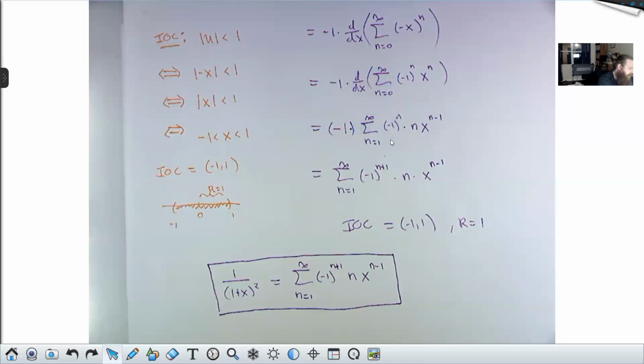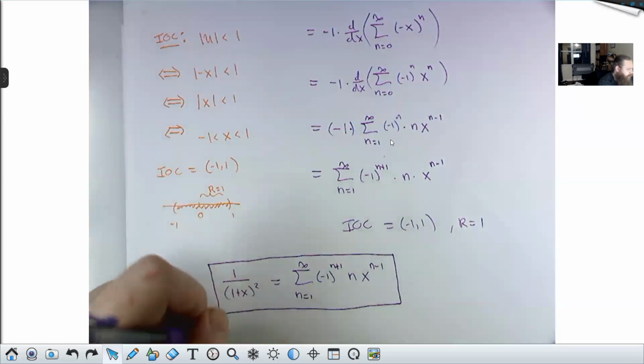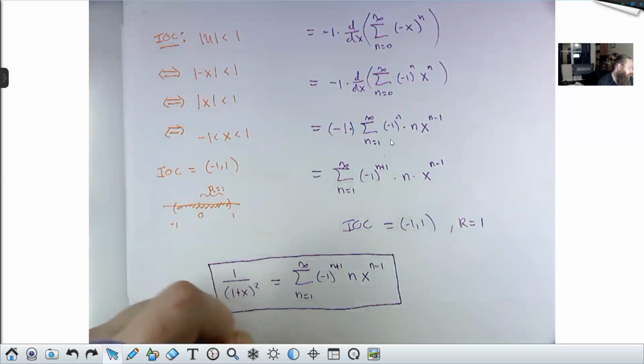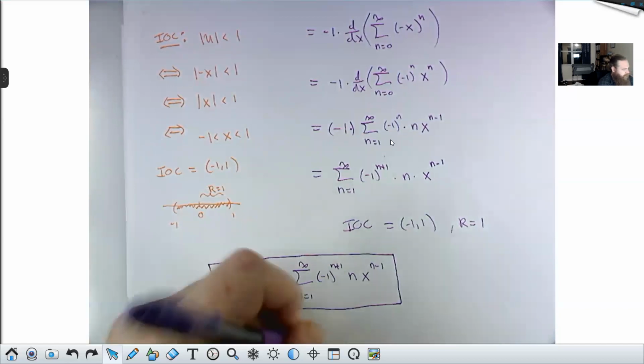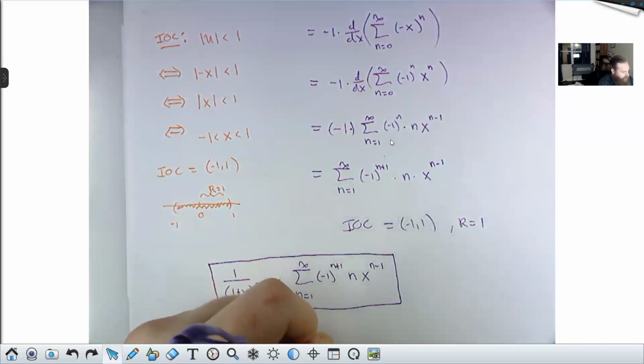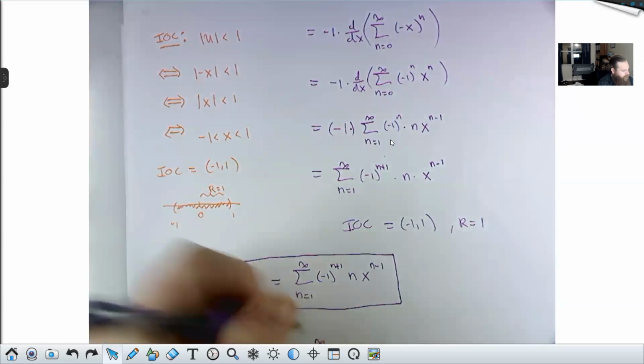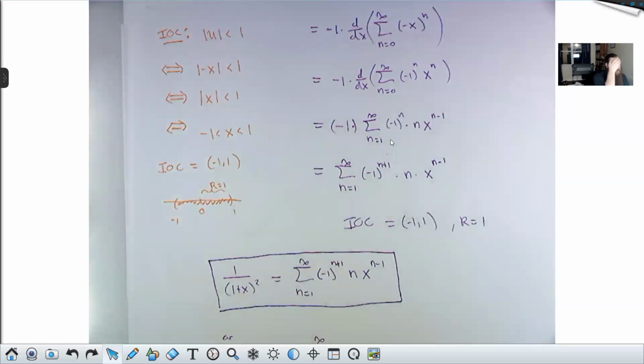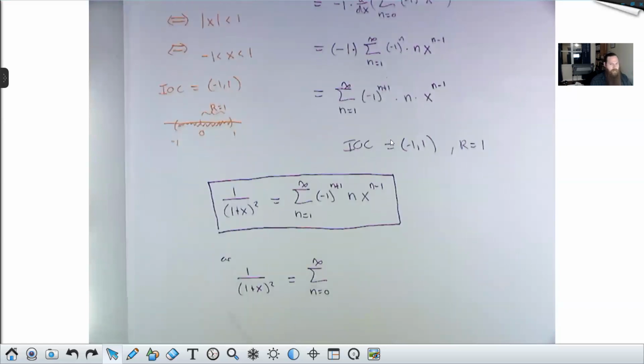You can do what's called an index shift to shift this back up. So we could also write this as 1 over 1 plus x quantity squared equals sigma n from 0 to infinity. What am I really doing? It's kind of like a u sub. I'm adjusting the starting index.